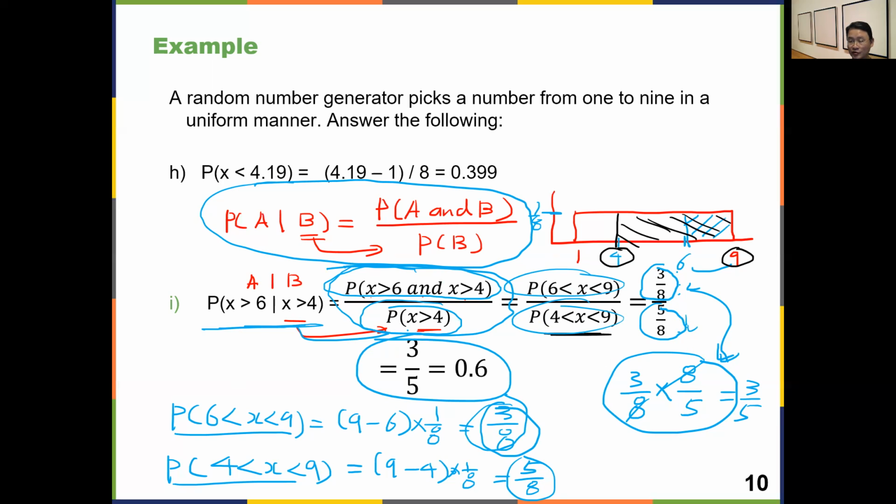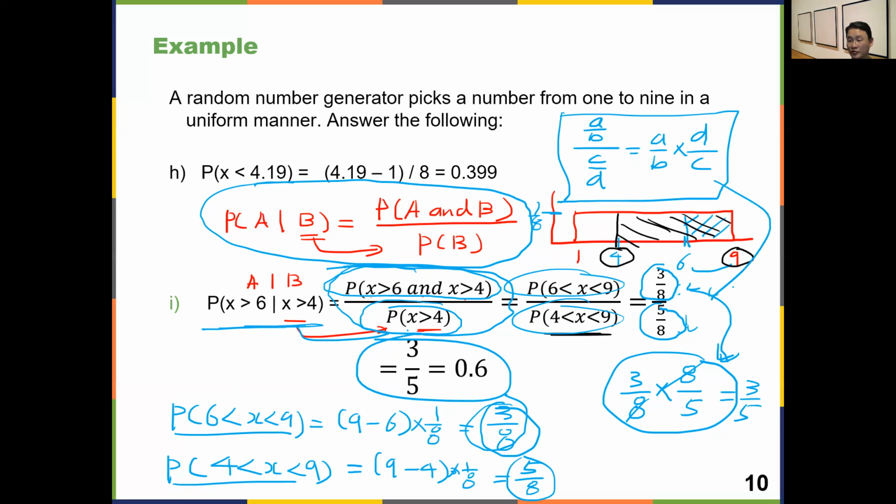All right, so how do you deal with the fraction over fraction? Let me rewrite it here, like A over B and C over D. That is A over B times D over C. Right? You might want to write this one down if you're not familiar with this.